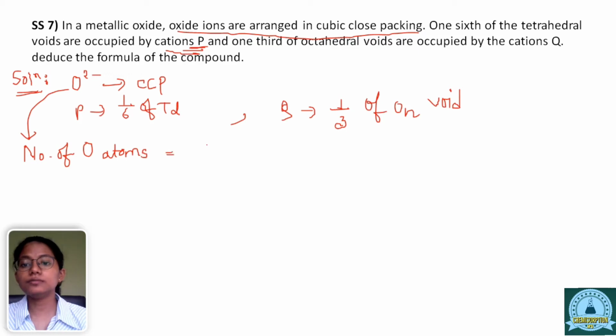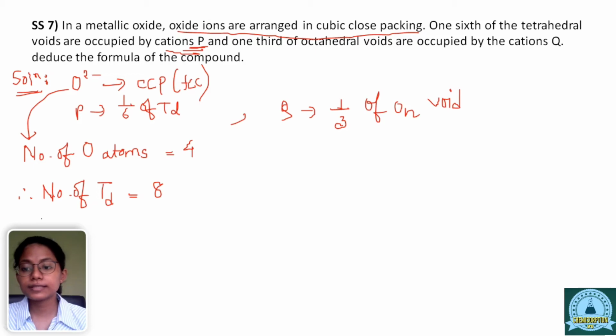is equal to, in case of CCP, that is FCC, we have 4, right? So 4. Therefore, if the number of atoms per unit cell is 4, then the number of tetrahedral void is 8, twice n, right? And the number of octahedral void is 4.